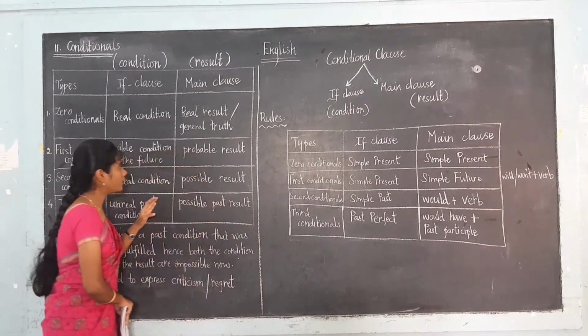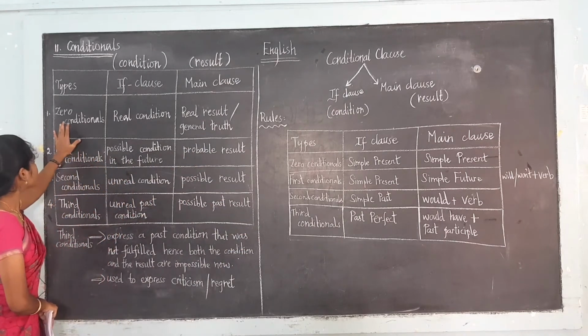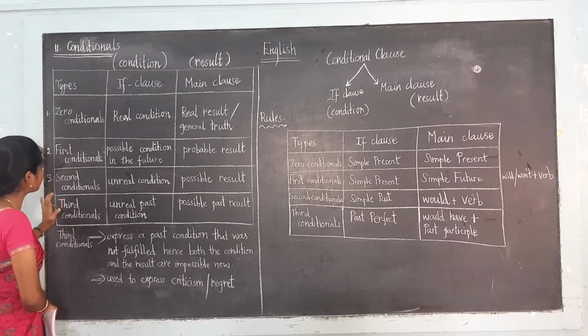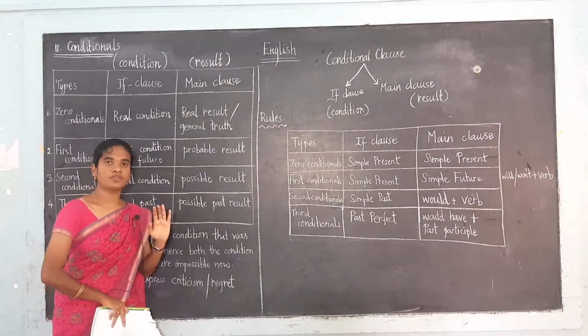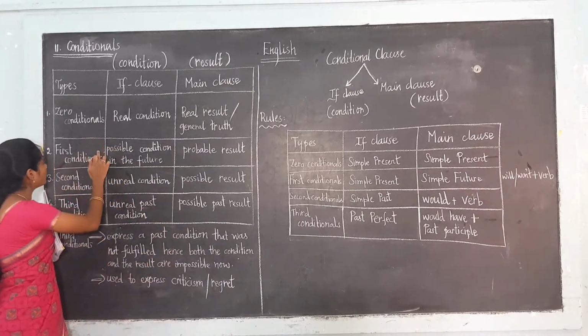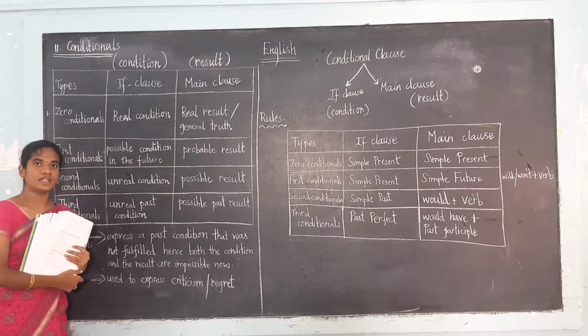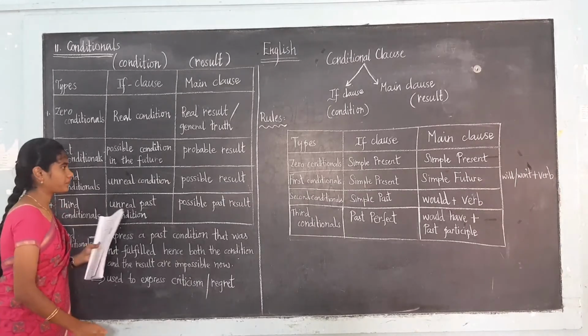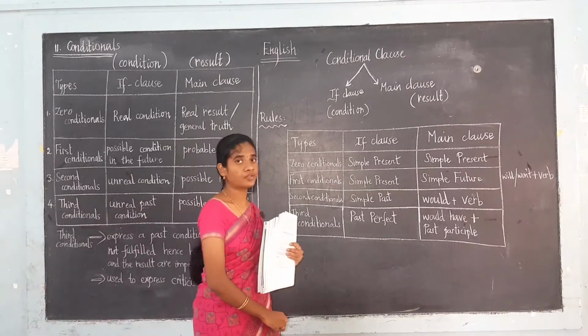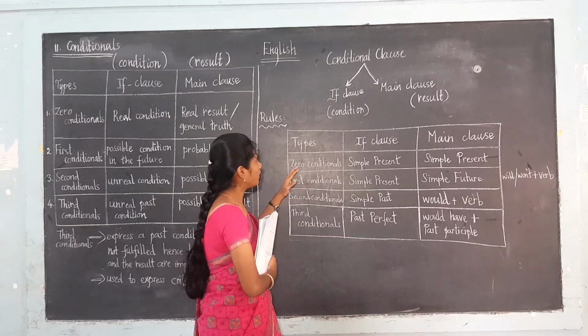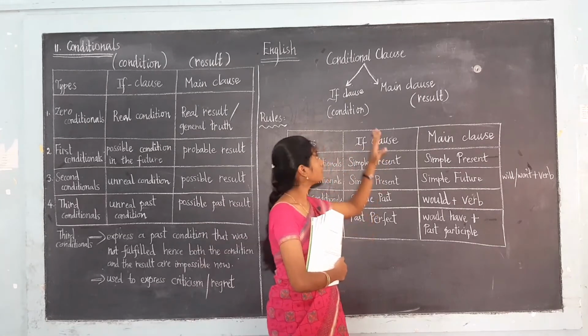I have written zero conditional, first conditional, second conditional and third conditional. The other names for these are type 0, type 1, type 2 and type 3. We can say it like this also. Now we shall see some of the rules.